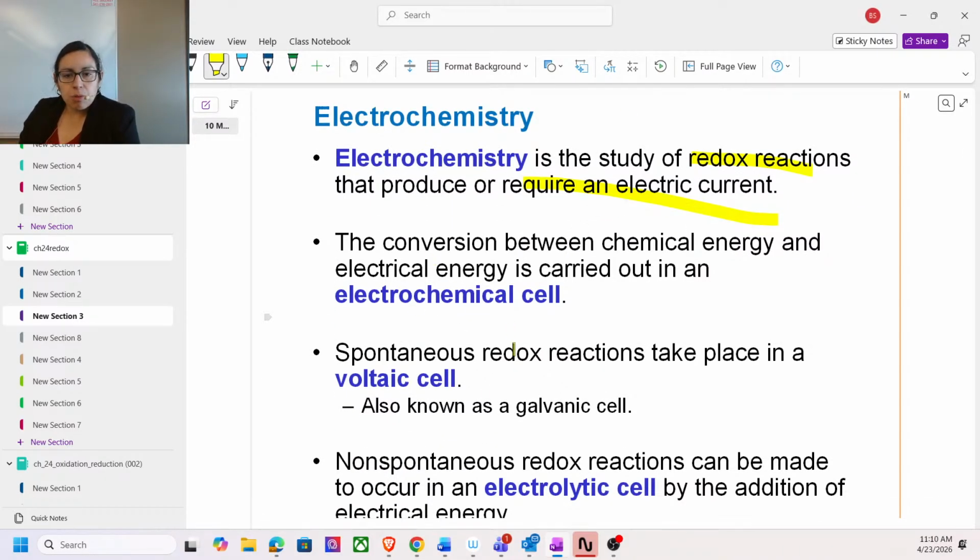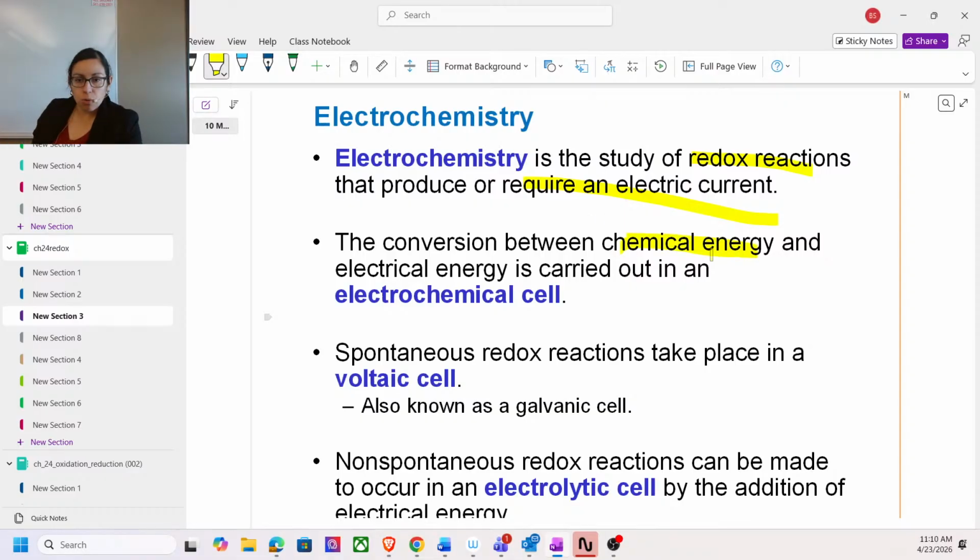And so we'll look at these reactions. So we have the conversion between chemical energy, and we're going to hopefully start to pair the math behind it, because this is what we want to understand. Sometimes, just like in a battery, we have chemical energy, right?